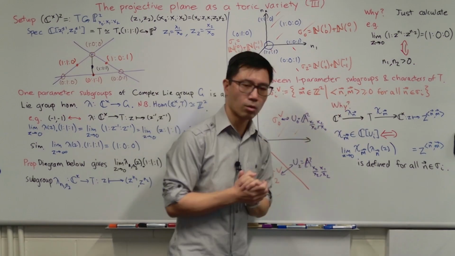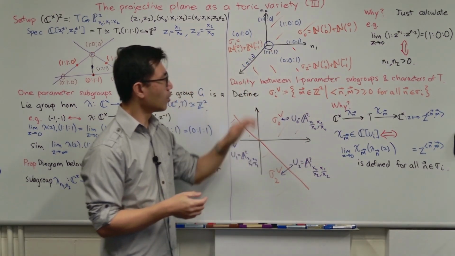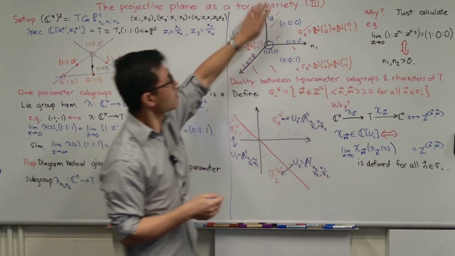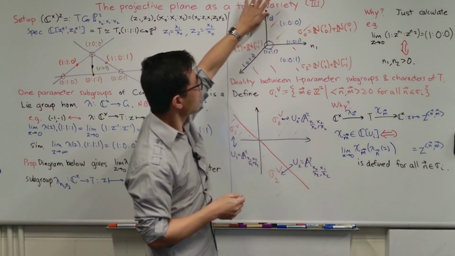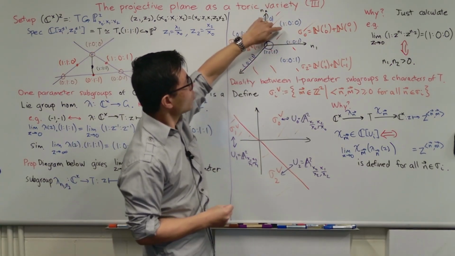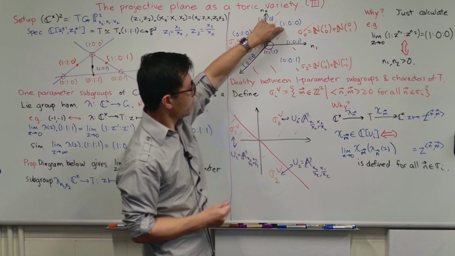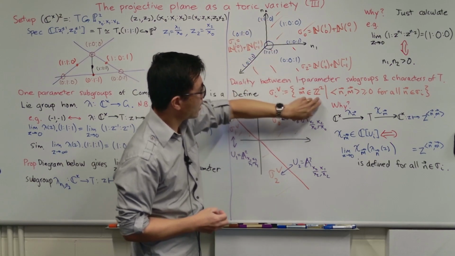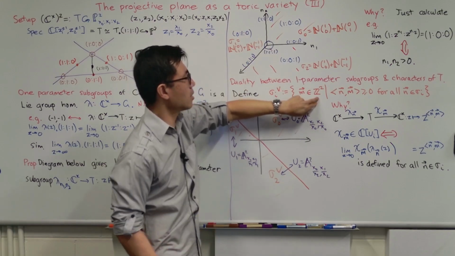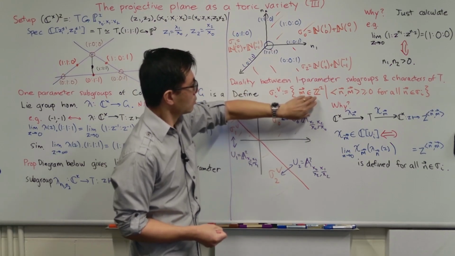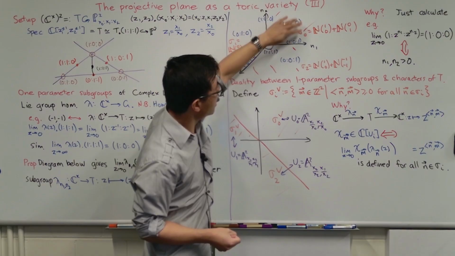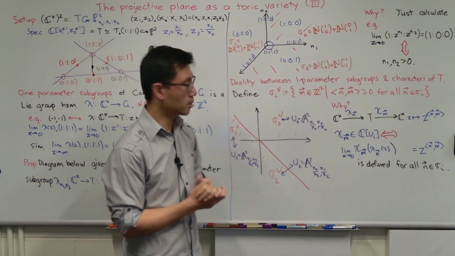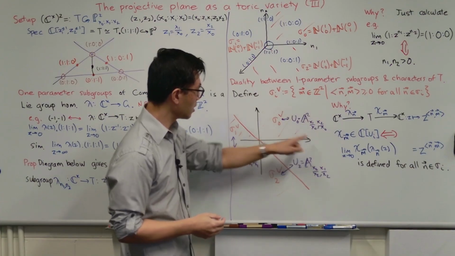Okay, so let's have a look at that and work out what that is. Here sigma 0 is this bit here. If you want to pick an integer vector such that the dot product with anything inside here is non-negative, of course that's just the positive quadrant, including the axes.